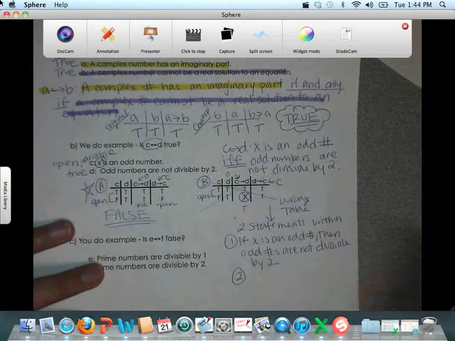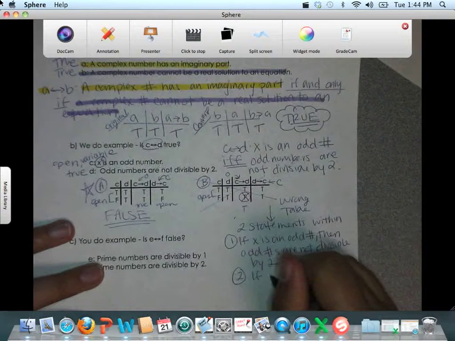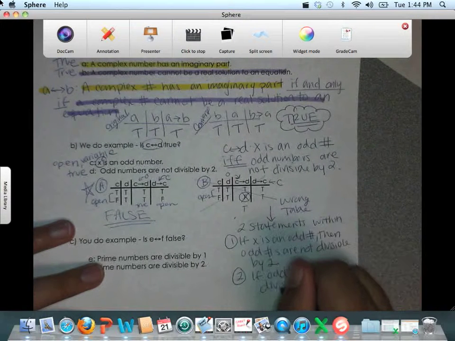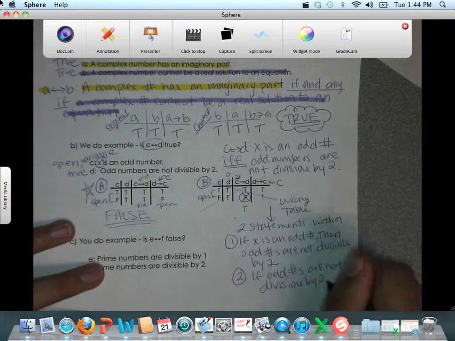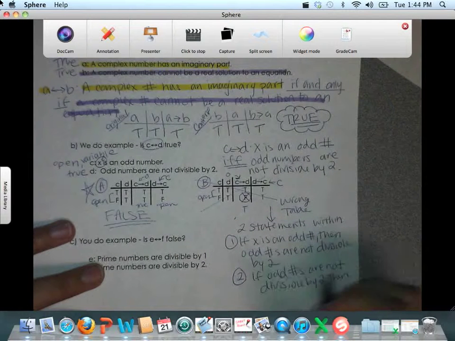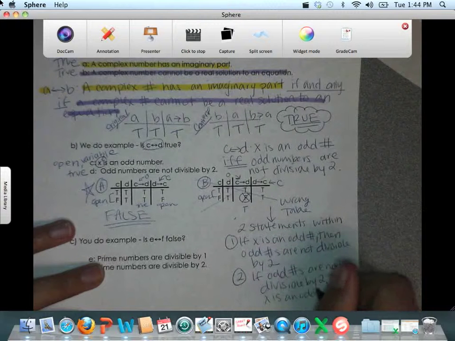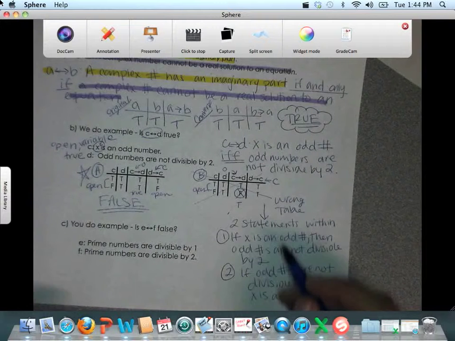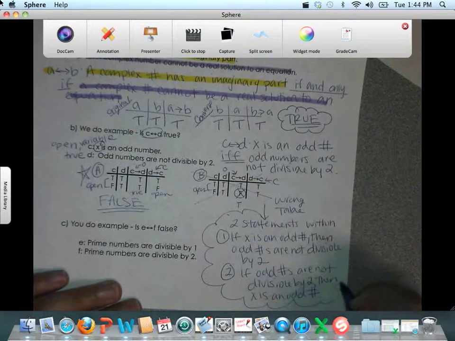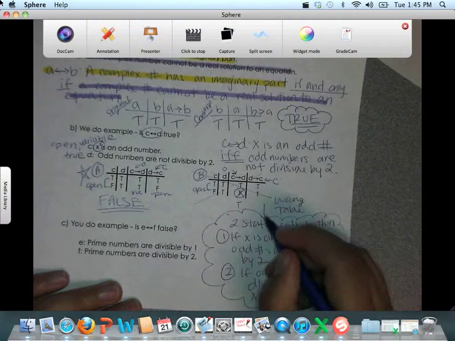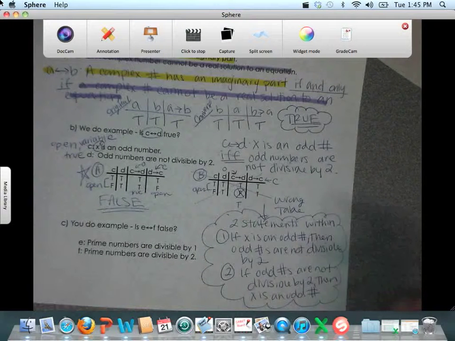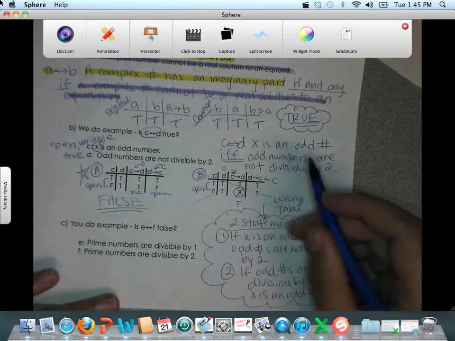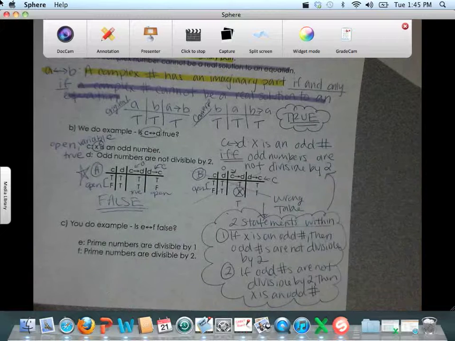And the second statement is just the converse. If odd numbers are not divisible by 2, then x is an odd number. So instead of writing all of this out, that's why we have the words if and only if. Okay, so just realize that there are two statements within this statement.